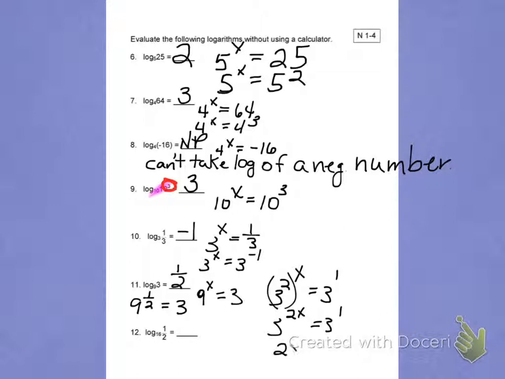So 2x equals 1, so x equals 1/2. So that's a mathematical way to do that that might make a little more sense than just recognizing that the square root of 9 was 3, and so the exponent had to be 1/2.